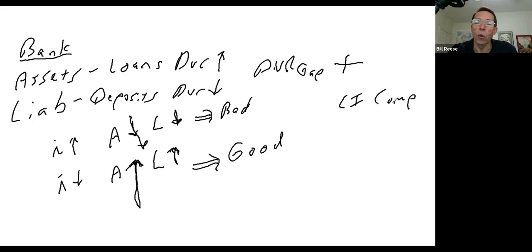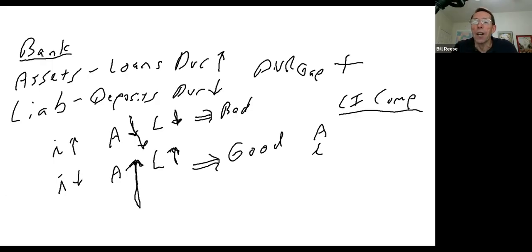Now, this life insurance company also has assets and it has liabilities. What are the liabilities of a life insurance company? Well, it's the death claims that they've got to pay out, right? At some point in the future, they're going to have to pay out money to beneficiaries when people die. Generally speaking, those liabilities are long-term.